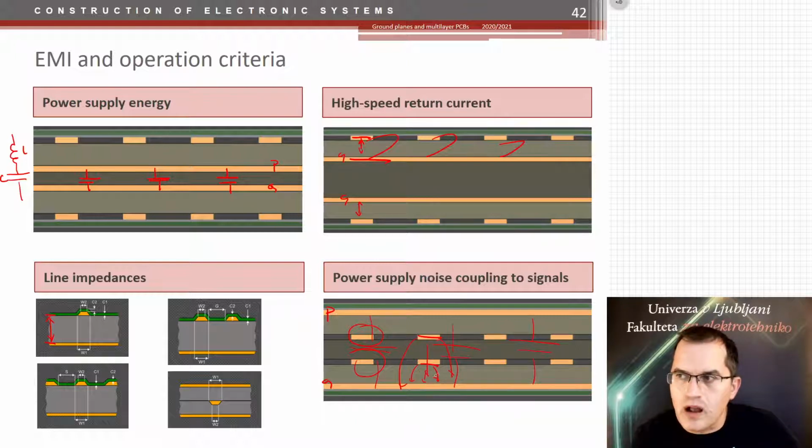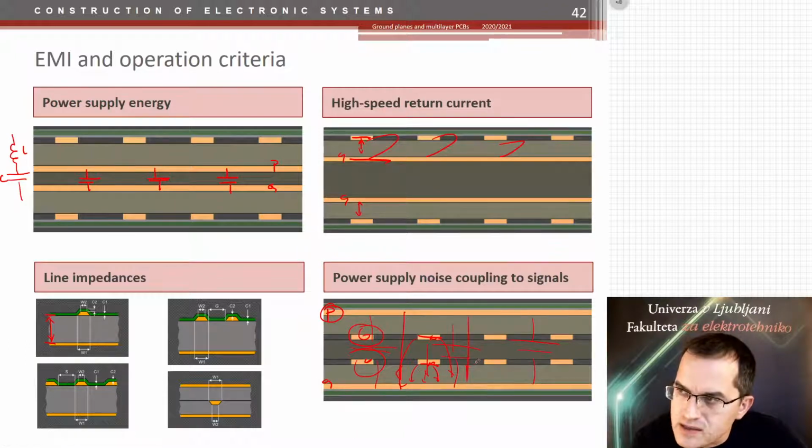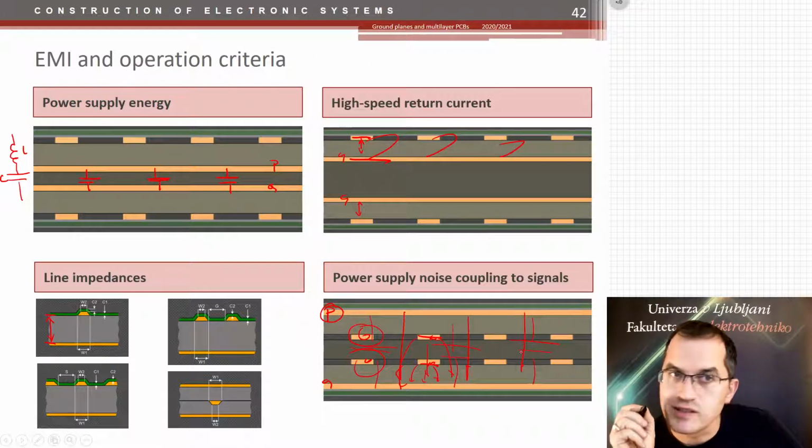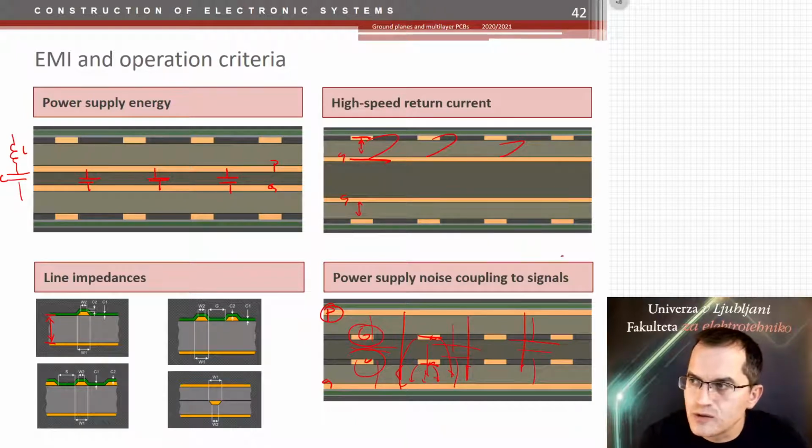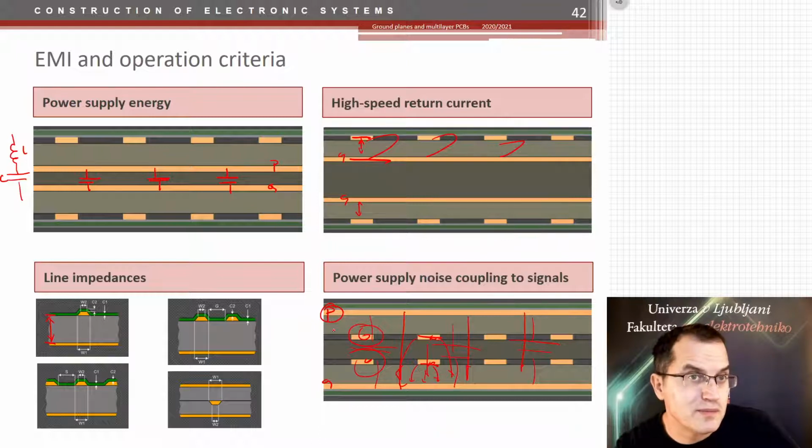So again, you have a lot of cross coupling, noise coupling from that track to that track. You have noise coupling from this power plane to that track and that track. So all of the noise that is present, and please assure me that there is a lot of noise present within this capacitor between power and ground plane, all that is then coupled to the tracks. So you should avoid that.